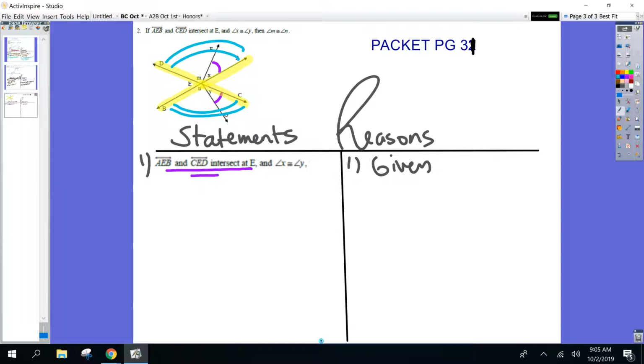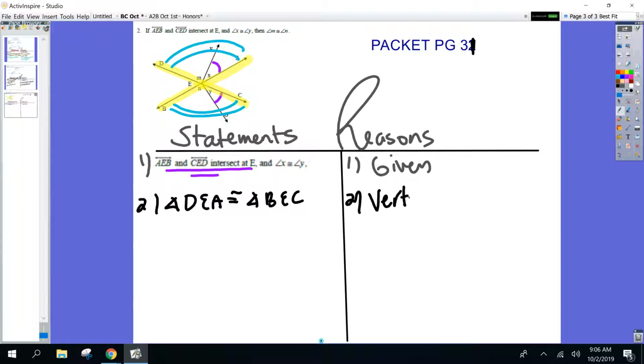Now, some of you that may have been stuck, am I getting you on board where to go from here now? What I can do with the vertical angles and x and y now, maybe to get to m and n. Angle DEA congruent to BEC.